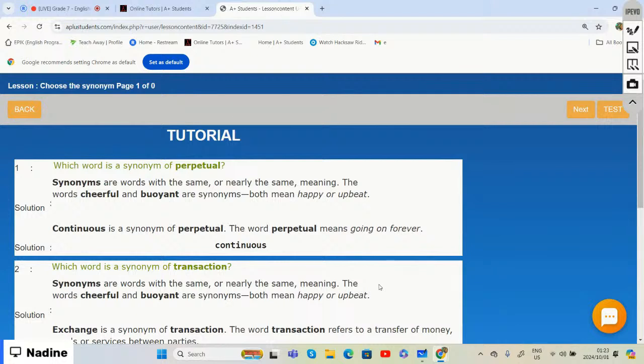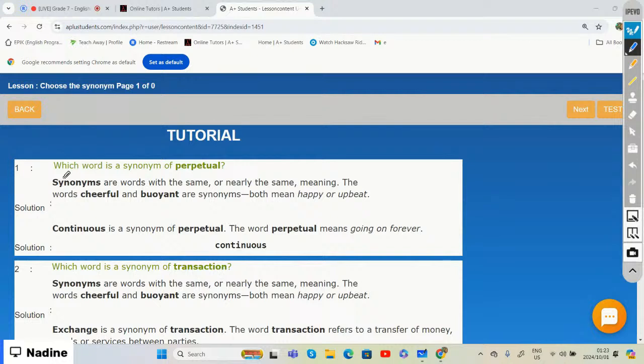it says the word cheerful, right? When you're happy and excited and joyful. So, cheerful. Another word for cheerful is buoyant. Like, I am buoyant. This person is buoyant, overjoyed, right?